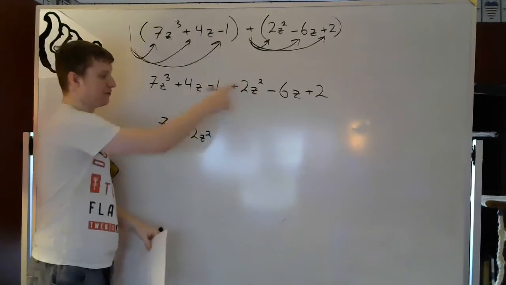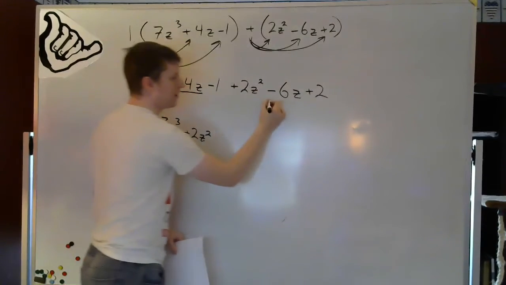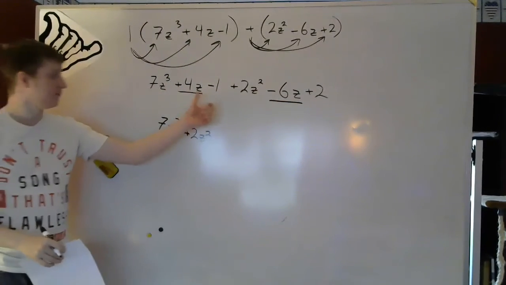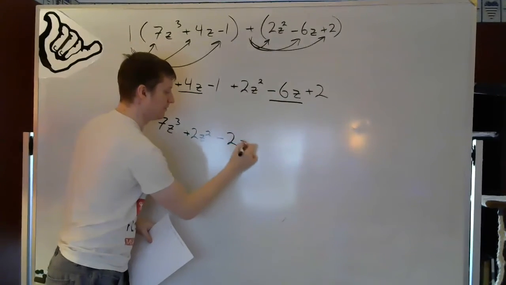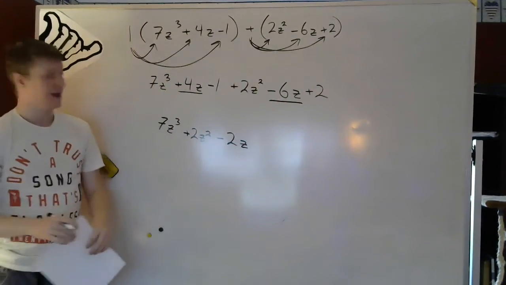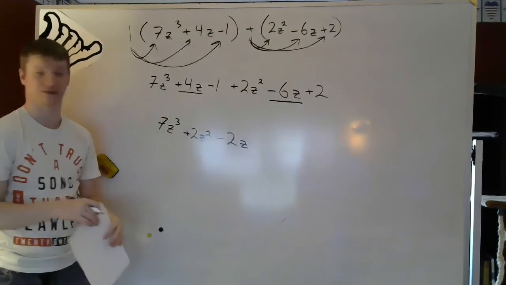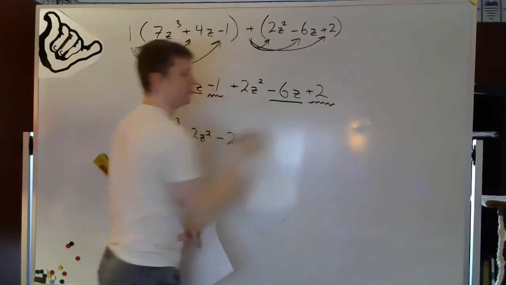Next, we would go to the power of 1 terms, where I have a 4z and I've also got a negative 6z. I can combine those. 4 minus 6 is negative 2z. And then last but not least, my regular numbers, my constants that are all alone: negative 1 and positive 2.